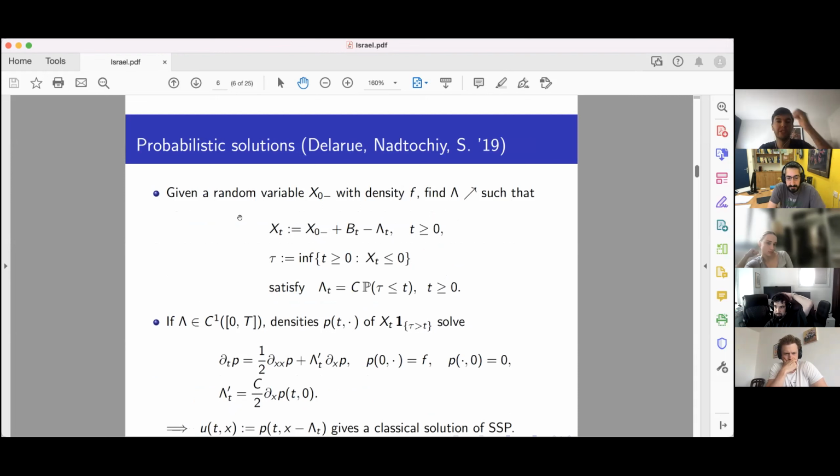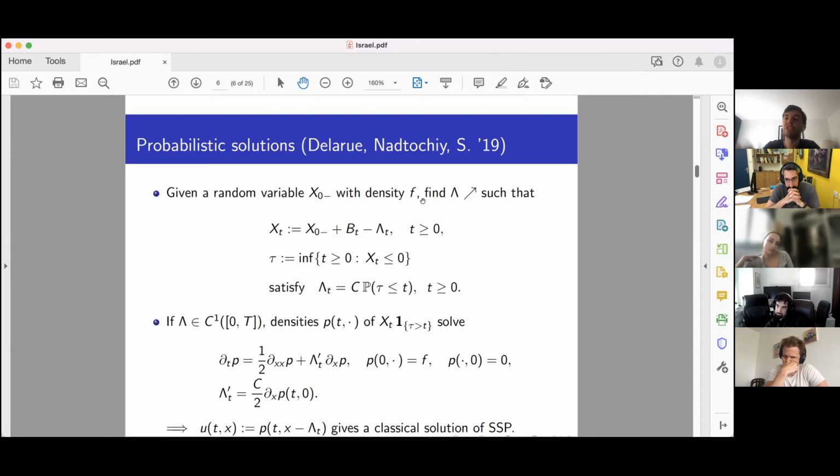Here is how the problem works. We encode the initial condition f, the initial temperature distribution, as the probability density of a random variable x0 minus. Implicitly I'm assuming here that f is not only non-negative, as I said before, but that it integrates to 1.